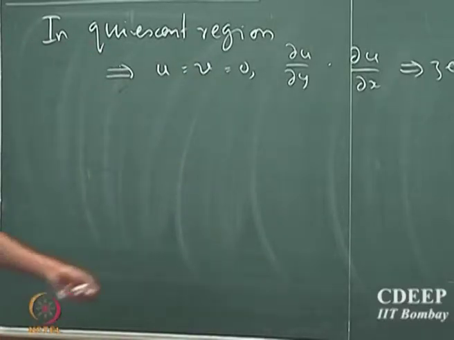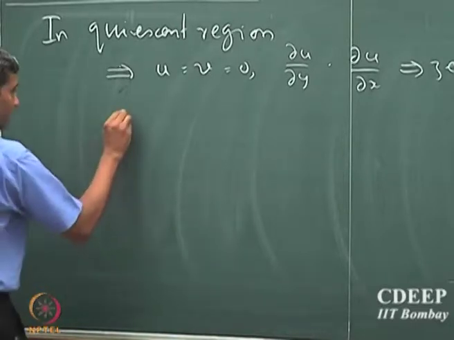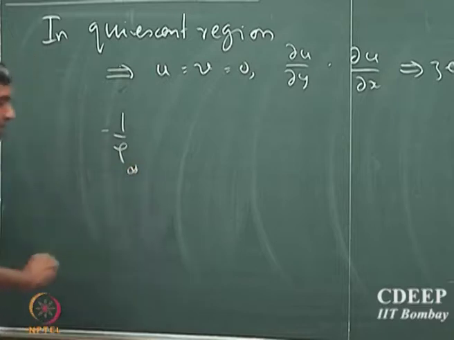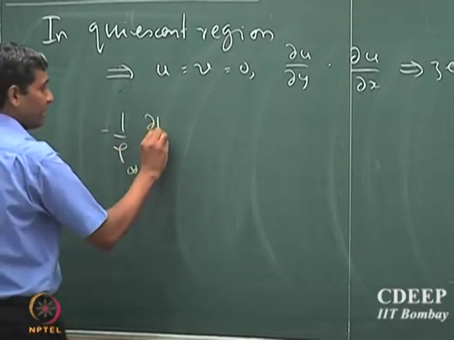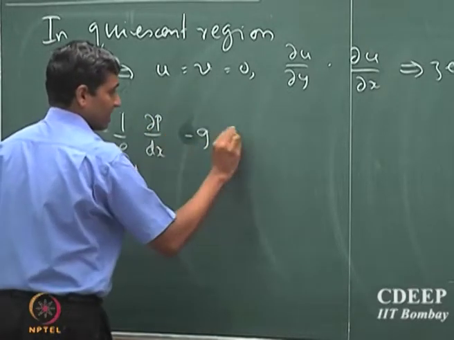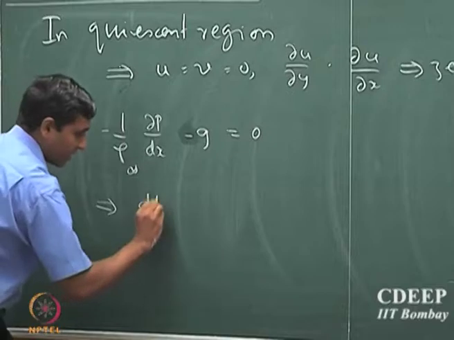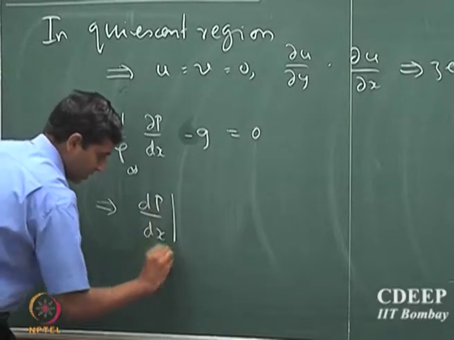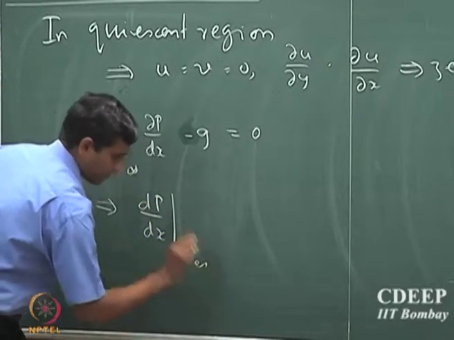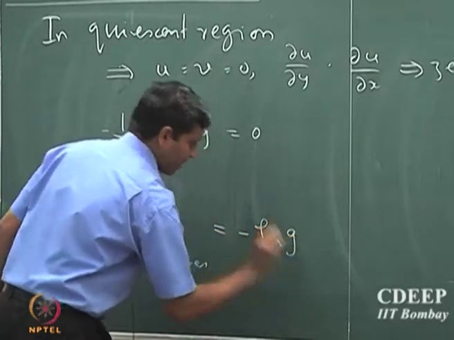So the X momentum balance simply reduces to minus 1 by rho infinity, where rho infinity is the density of the fluid in the quiescent region, dp by dx minus g equal to 0. So from here you can say that dp by dx in the quiescent region should be equal to minus rho infinity into g.